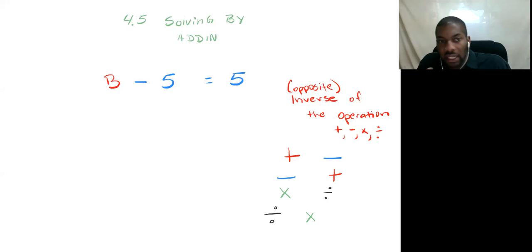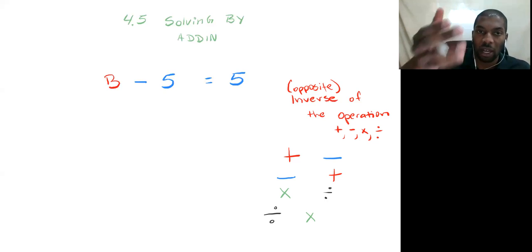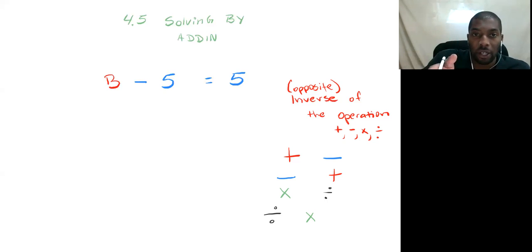So when we're talking about this equation here, b minus 5 equals 5, a simple way to do this is to try to isolate, or get the variable by itself on one side of the equal sign. So if I have b minus 5 equals 5, I want to do the opposite, or the inverse, of my operation. What's my operation? Well, it's the negative.